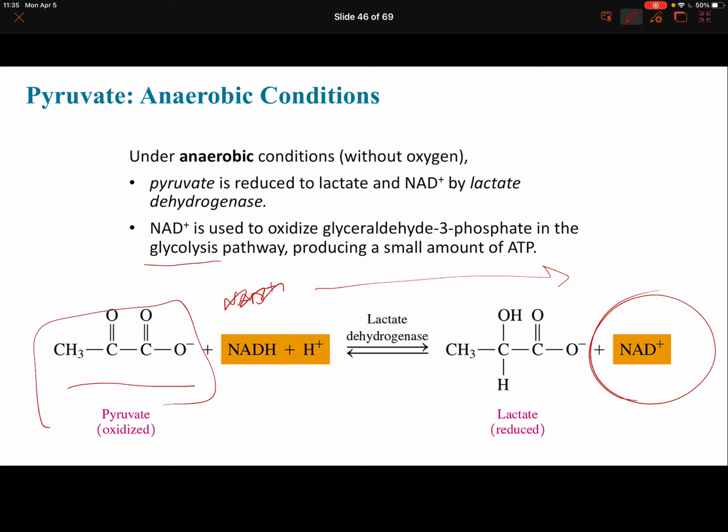We need to start oxidizing NADH back into NAD plus so that we can keep glycolysis going. And the expense of that is turning pyruvate into lactate, which can become lactic acid, right, in your muscles. They say that's what gives you the burn. Now it's been debated whether or not that burn is there to slow you down or make you go harder.